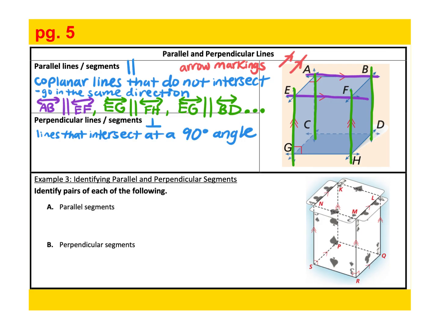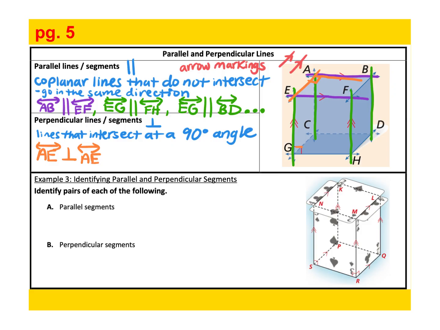Next, we have perpendicular lines, and perpendicular lines are lines that intersect at a 90-degree angle. The symbol for perpendicular is an upside down T. For perpendicular lines, look for that right angle marking. You can see in the picture here, there's a right angle mark right there, and the 2 lines that make that right angle are line AE and line AB. So we can state line AE is perpendicular to line AB.